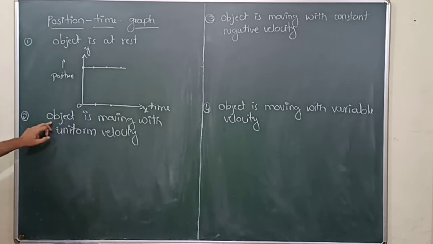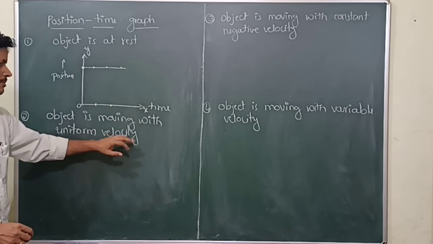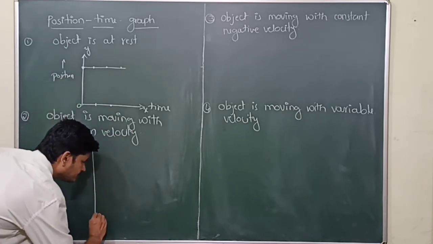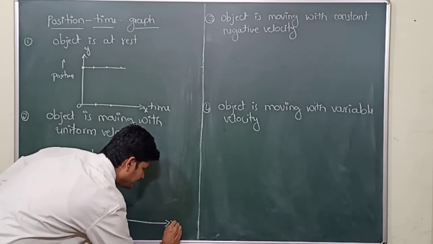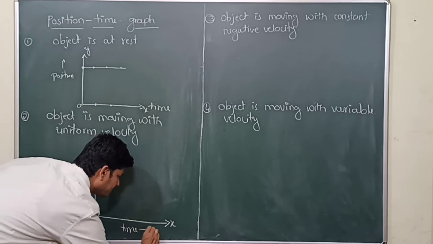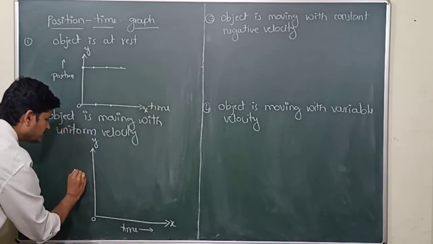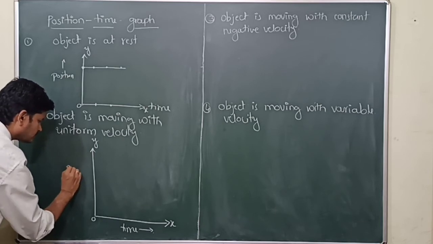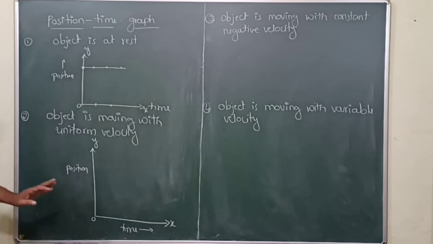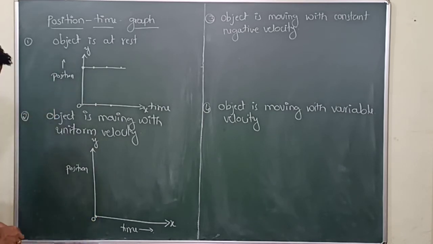Now look at the second one. The object is moving with a uniform velocity. Once again, along the x-axis, I am choosing time only. This is the origin and this is the position. If I consider this is the origin, the object is here.